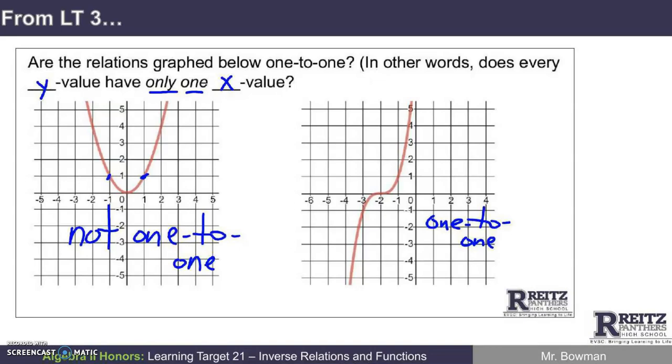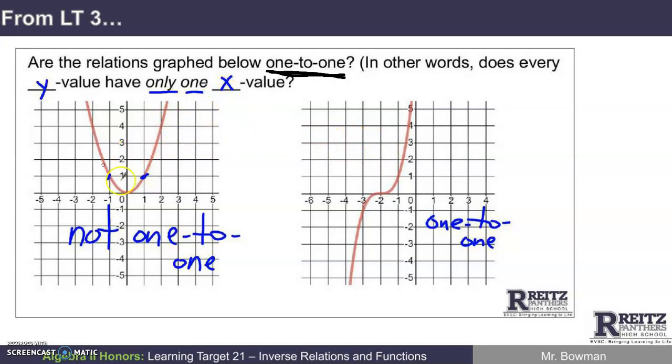So this is from way back in Learning Target 3 early in our year. And we talked about whether or not a function is one-to-one. A function is one-to-one if every y value has only one x value. Here were the two examples we looked at in class together.